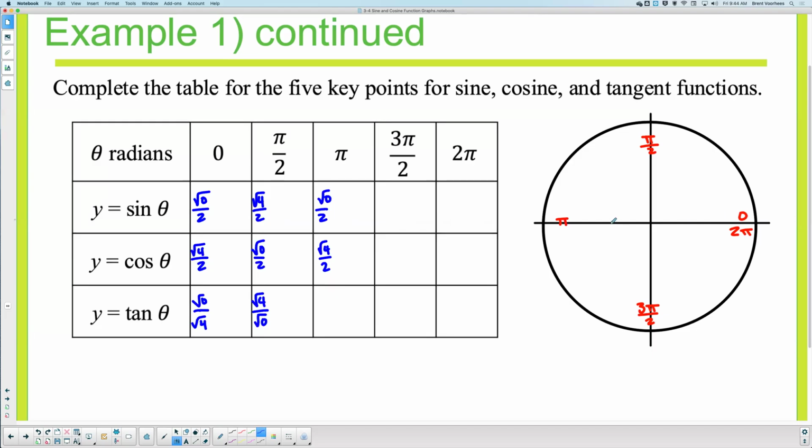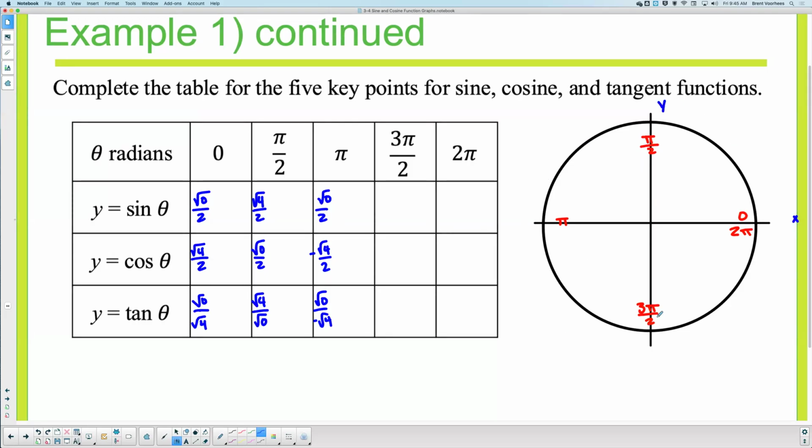The x. Now, which value is negative? Not y when you're on the left. The x is negative. So this needs to be a negative this time. And so what does that mean tangent is? It's the square root of 0 divided by negative square root 4. The reason x is negative is because we're on the left. This is the x-axis, this is the y-axis.